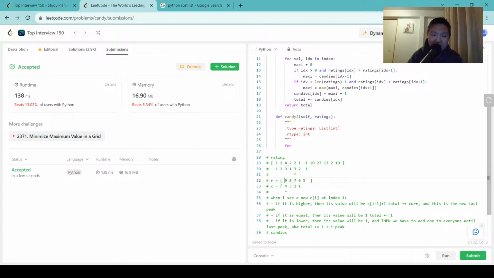So for instance, if this is 1, 9, this will be the last peak. When I add 1, 2, 3, 4, 5, this person doesn't get affected because it's not one of the last peak. Okay? Let me see what happens if this is 9, this is 1.